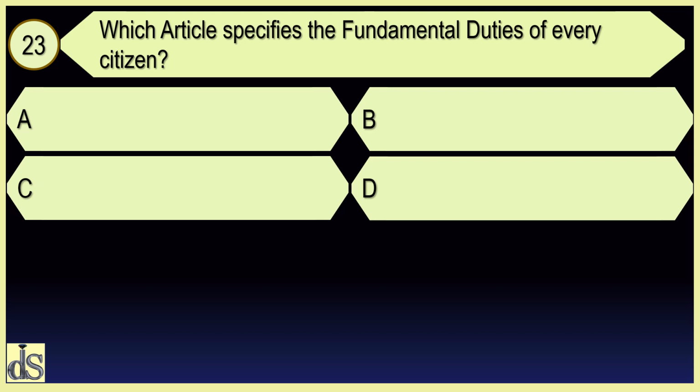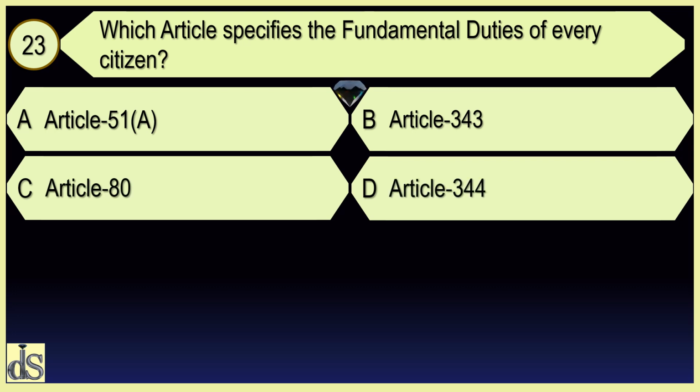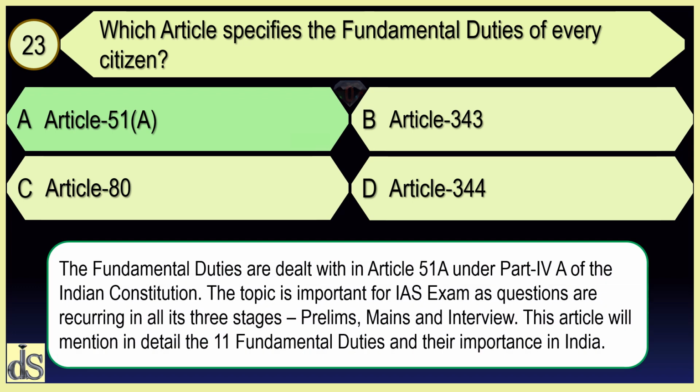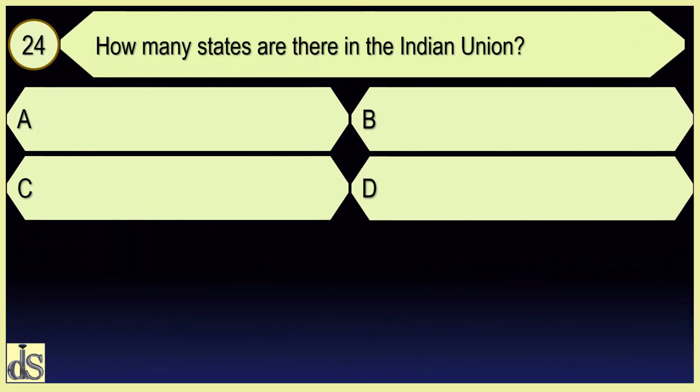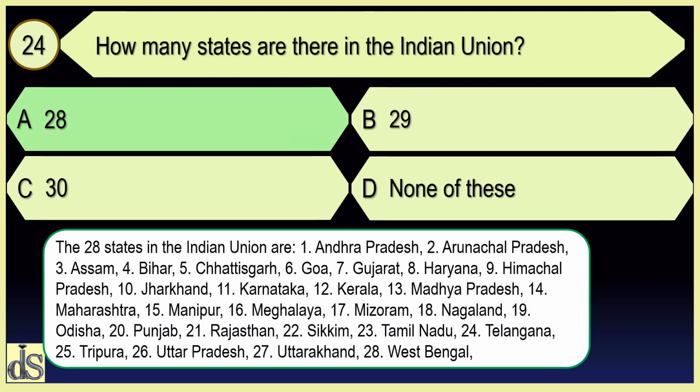Which article specifies the fundamental duties of every citizen? Article 51A. How many states are there in the Indian Union? 28.